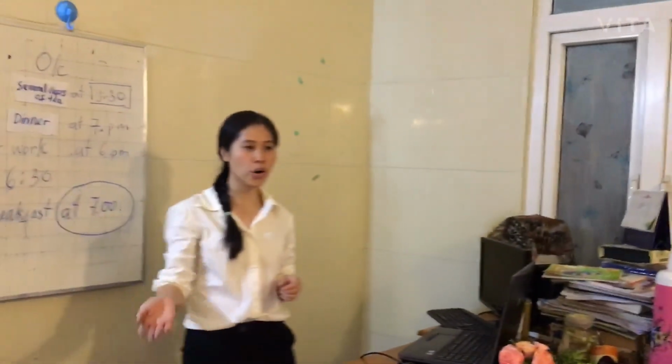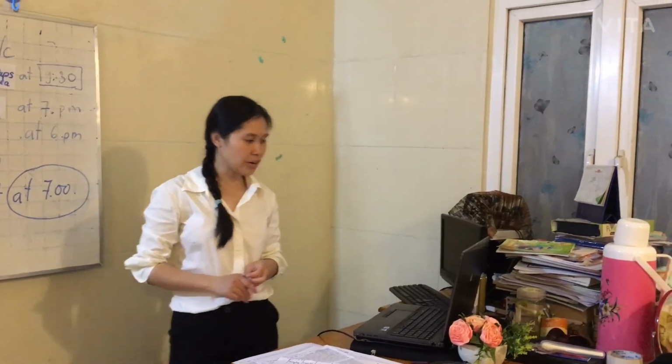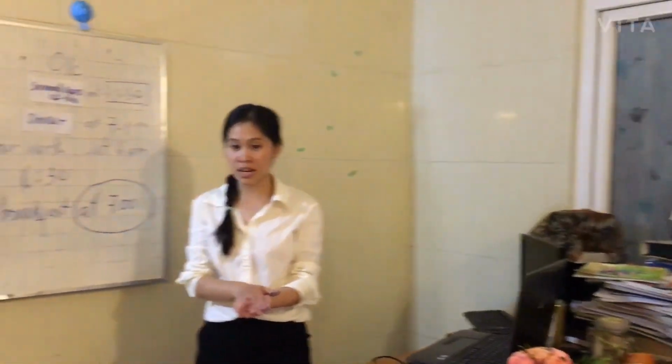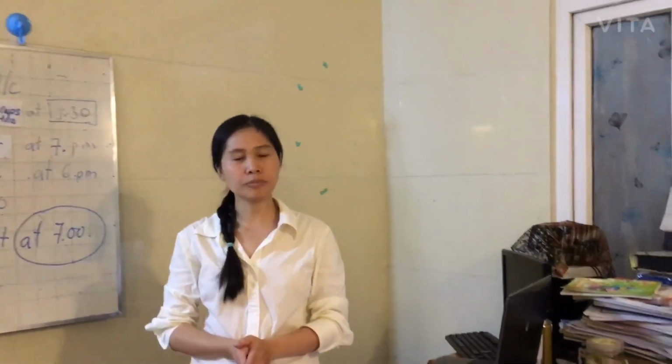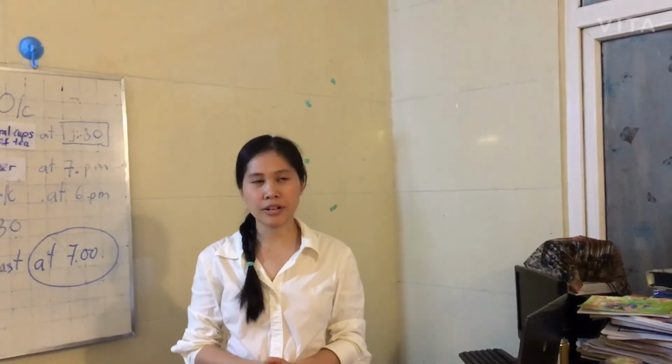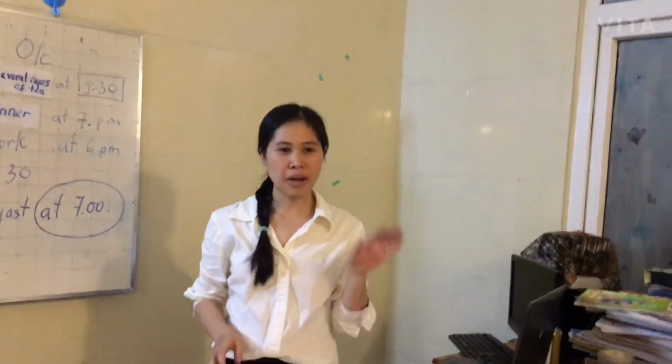So that is the way you can set up schedules. You can make a schedule to go out with your friend, and you also talk to your friend about your daily life. What do you do on Monday? On Monday, I have to do my homework.